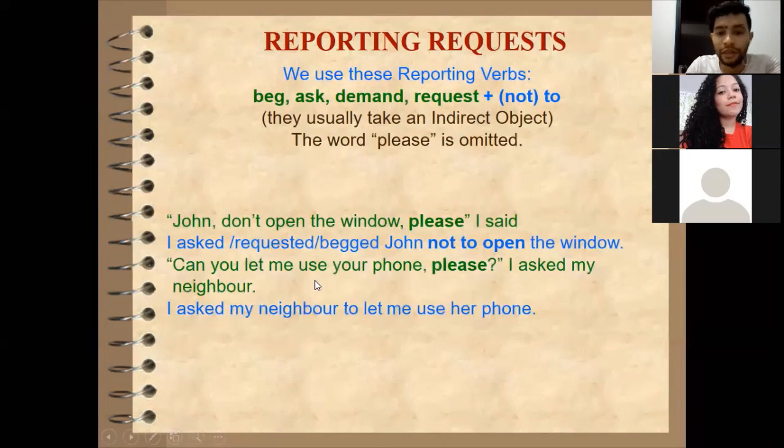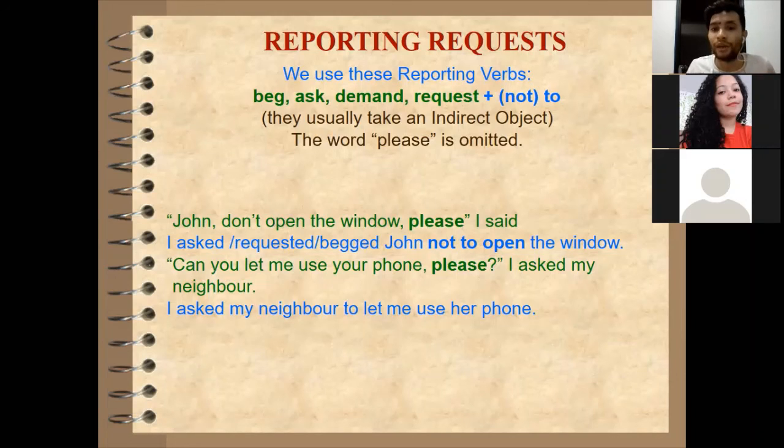Here, can you let me use your phone, please? I asked my neighbor to let me use her phone, right? Ahora, aunque esto es un request, también, la segunda oración, estoy hablando de la segunda oración, también es una pregunta yes, no. It's a yes, no question.